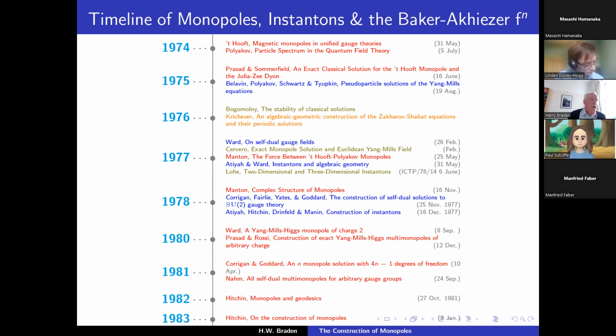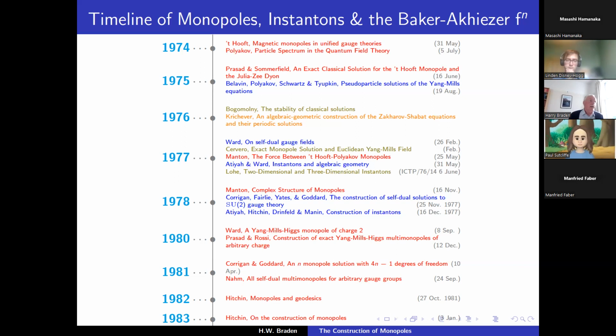So you can see at the top that monopoles were introduced within a month in two papers by 't Hooft and Polyakov, and that taught us that topological configurations of field theory were important.